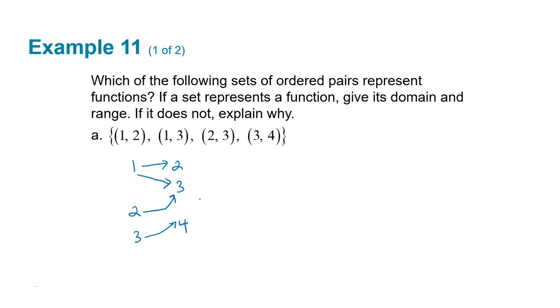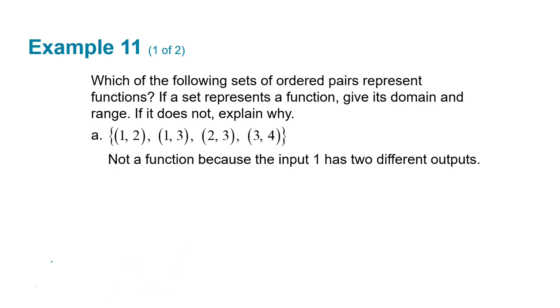So this does not represent a function. The reason it does not represent a function is that the input 1 goes to 2 outputs. This is not a function because the input 1 has 2 different outputs.